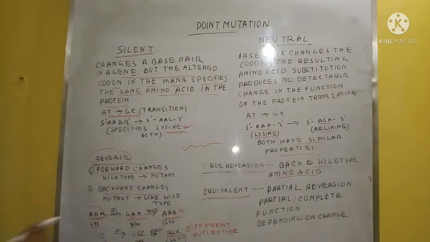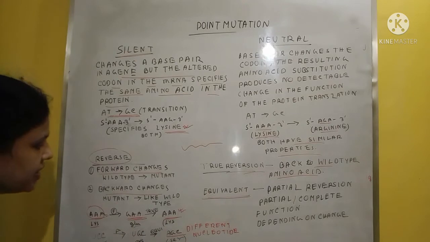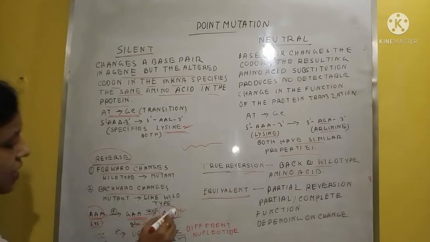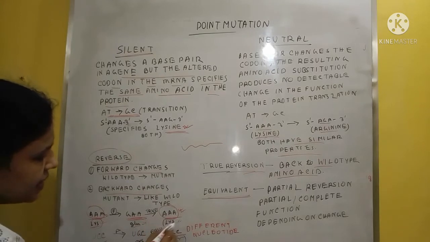The nucleotide is the same, so the first recognizes lysine, this recognizes glutamic acid, and again AAA recognizes lysine.